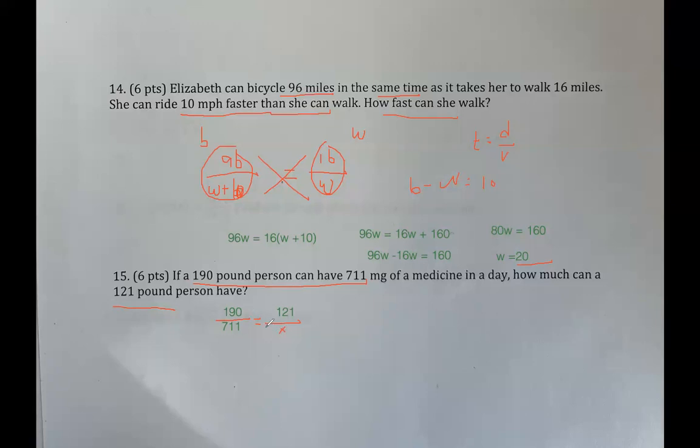X is how many milligrams of medicine this person can have. Cross multiply, right? So we have 190X equals 121 times 711. So that means X equals 121 times 711, then divided by 190.